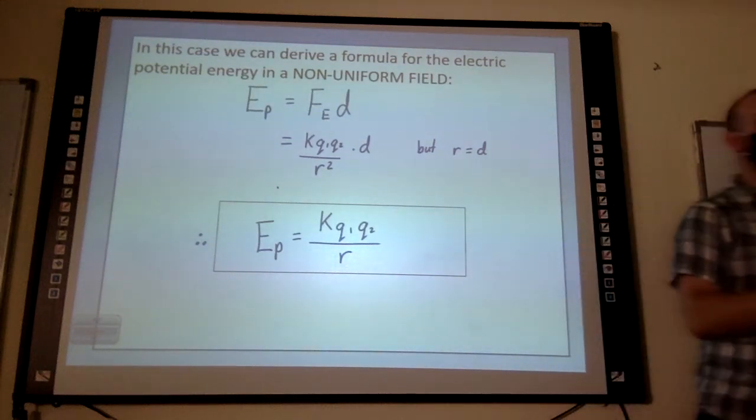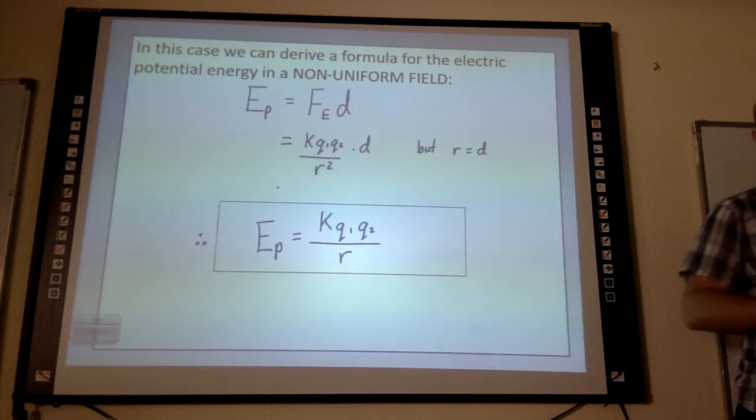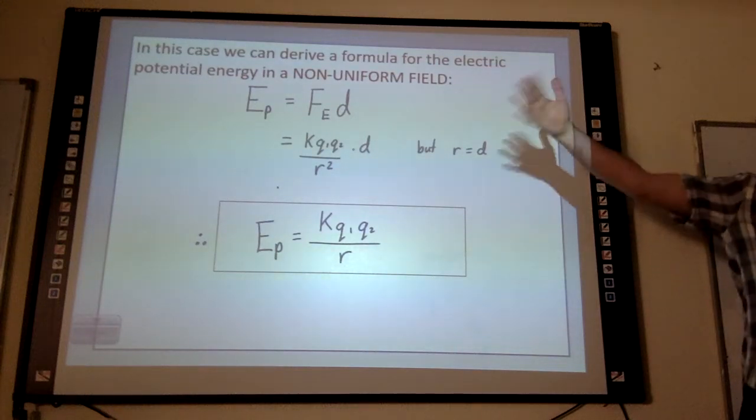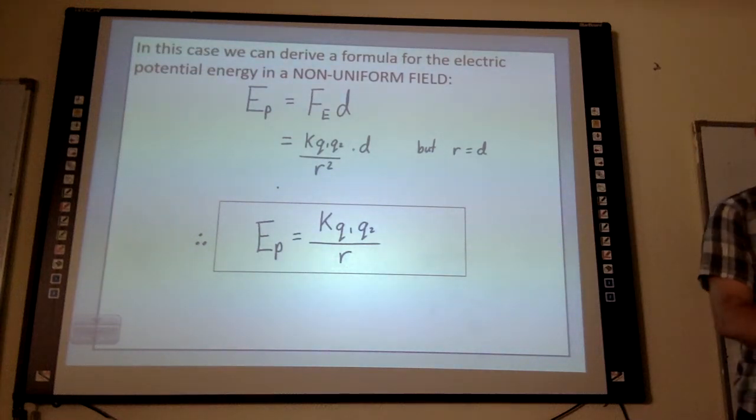Now I've got K's and Q's. But it's very, very similar. So in this case, notice where we set our 0 point. Instead of our 0 point being at infinity, like gravity, the 0 point is at the center of the charge. So we're going back to a normal placement of the 0 point.